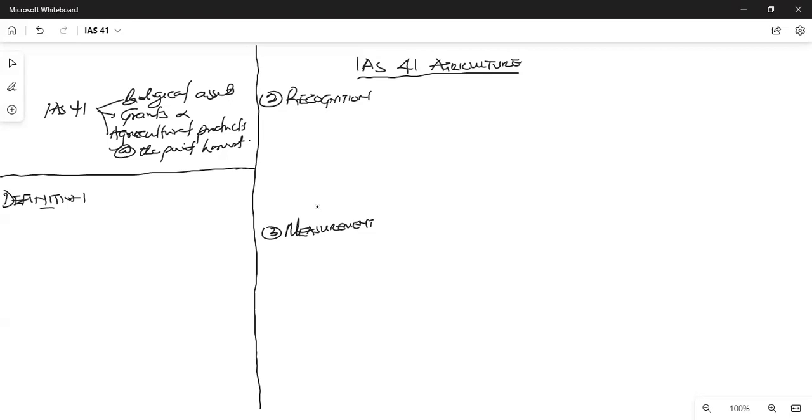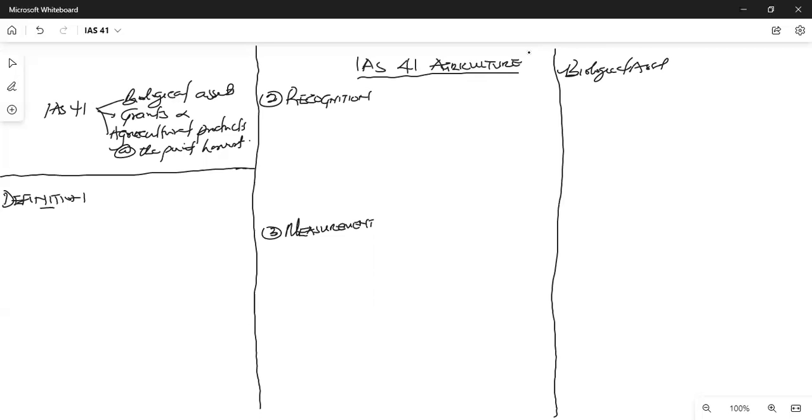Okay, but before I do all these things, let me just categorize my board and split these things as I have described in here for you. So we have biological assets. All right, and that is what we are going to go through and talk about here.